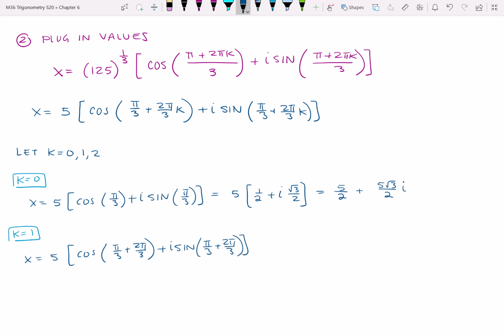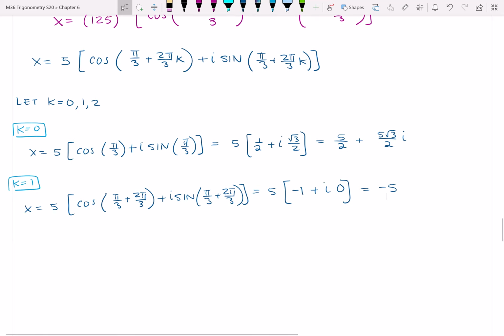And so that's going to be 5 times cosine of 3 pi over 3, which is just pi. Cosine of pi is just negative 1, and sine of pi is just 0. And there it is, that's the real solution. It's just going to be negative 5. Remember I told you guys that negative 5 was going to be a solution? Well, there it is. It finally showed up. And the other two are complex.